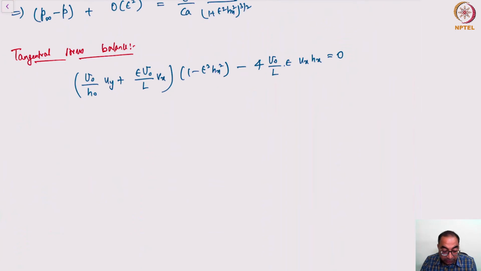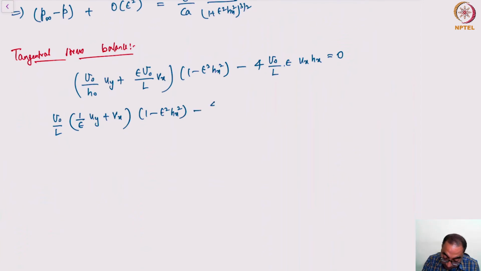Now if we note that epsilon is h naught by L, I can simply replace this first term by 1 by epsilon into uy plus vx. I have a u naught by L on the outside, 1 minus epsilon square hx square, and then I have 4 epsilon u naught by L ux hx is 0.